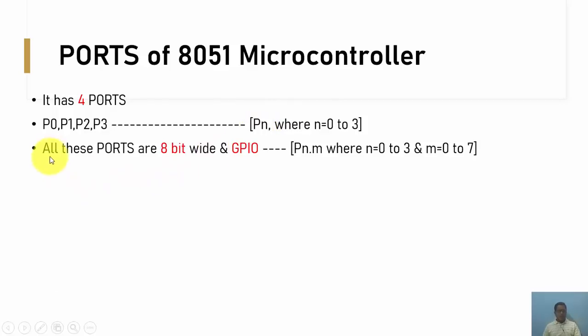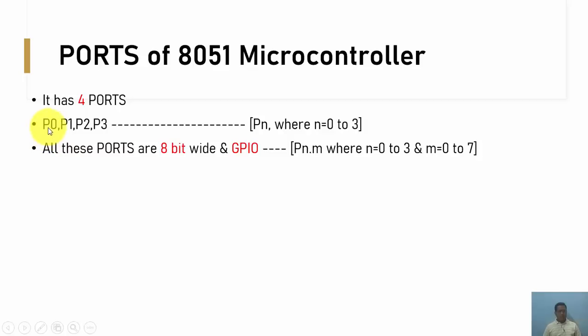The common factor about all these 4 ports is that all of them are 8-bit wide, and these are GPIO, general purpose input output. This means each port, that is P0, P1, P2 and P3, is capable of working as an input as well as an output.